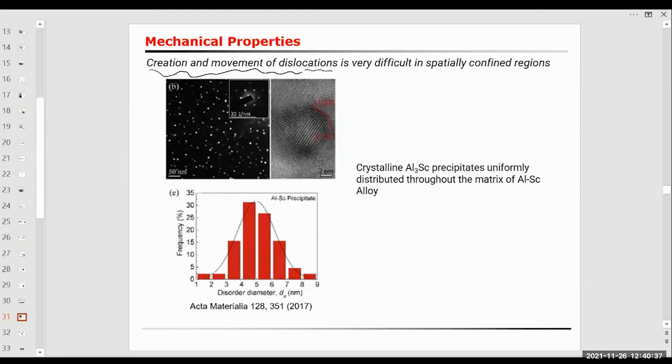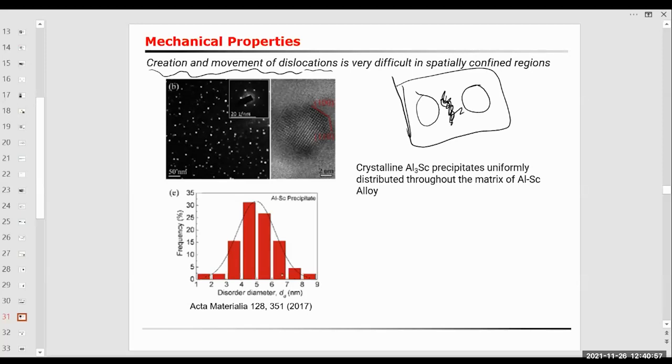If we have two grains in a material, surrounded by some amorphous material, suppose this is the microstructure. I have two crystalline grains, and in between is this region.